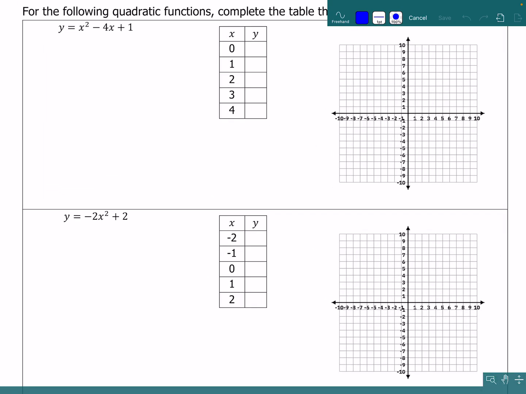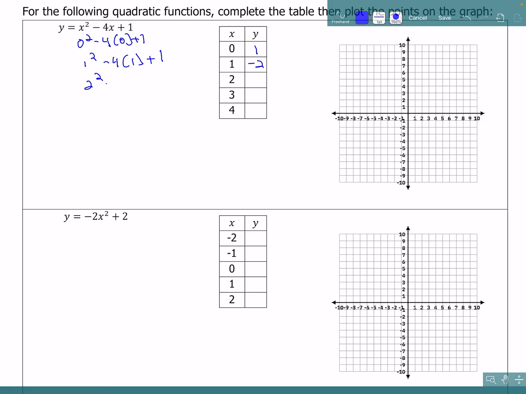So here we're going to plug in points from the table and evaluate them. So our first one is 0 squared minus 4 times 0 plus 1. And the answer is 1. Then I'm going to plug in 1. And I get negative 2.